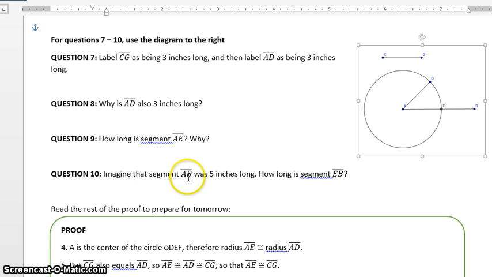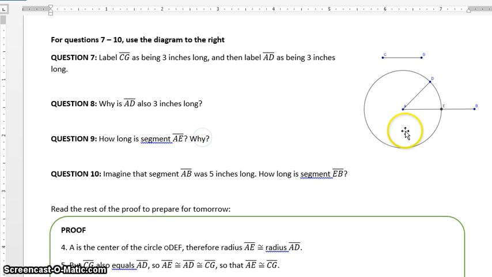Question 10 is, imagine that the segment AB, the entire thing from A to B, was originally 5 inches long before we cut off segment AE. How long is segment EB? So how long is the remainder? The entire thing was 5 inches long. We cut off segment AE, which you should know the length of from question 9. And you have to answer how long the smaller part, EB, is.